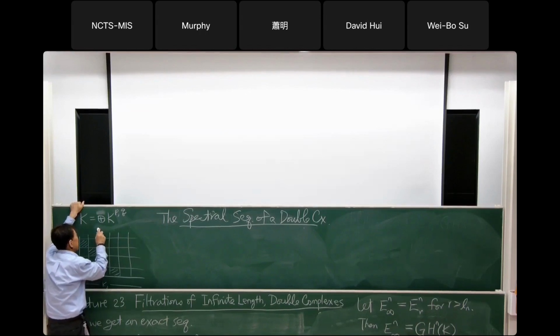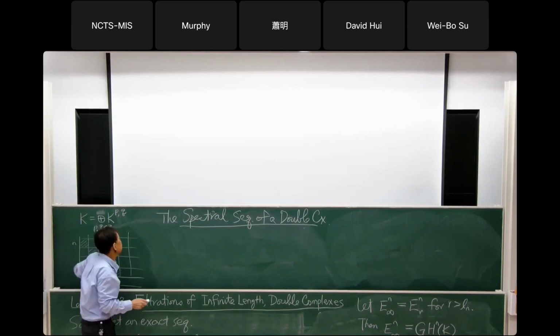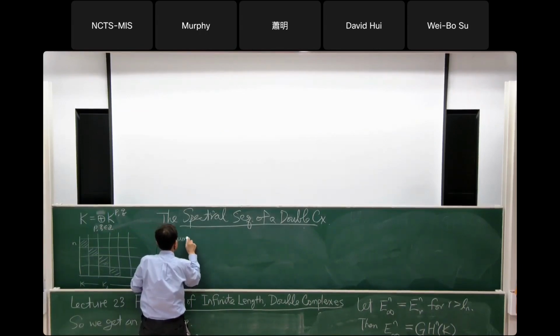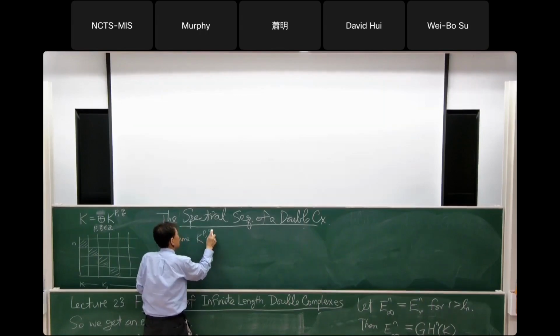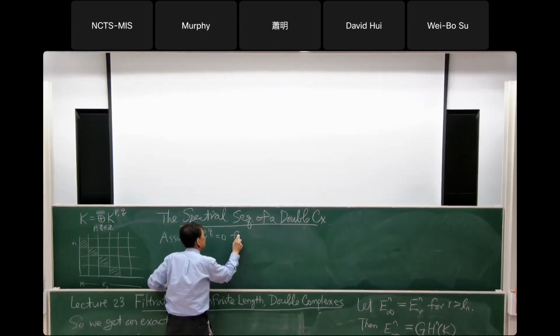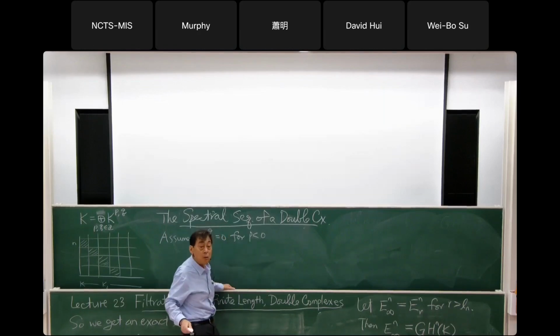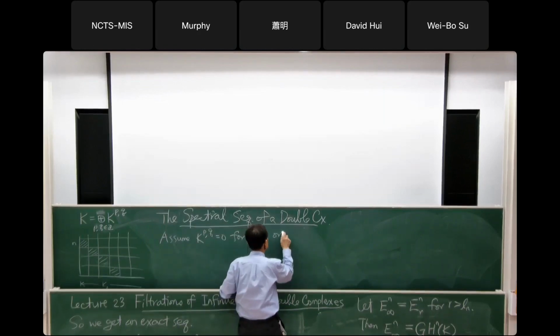So p, q are in Z, but we assume that K^(p,q) is 0 for p negative or q negative.